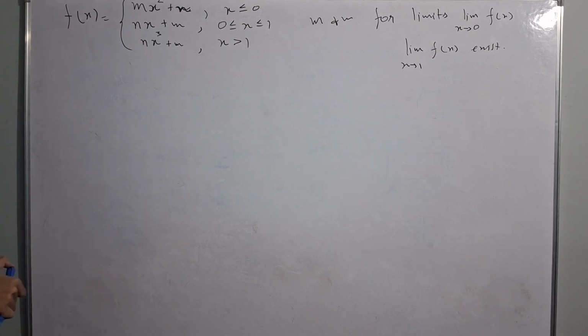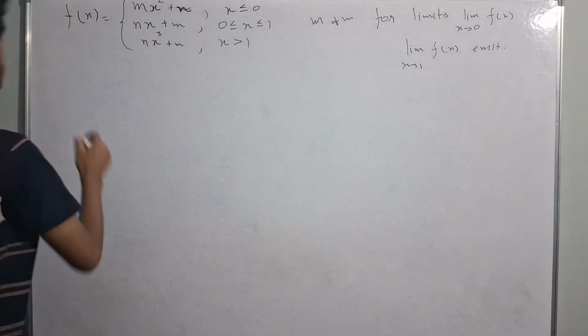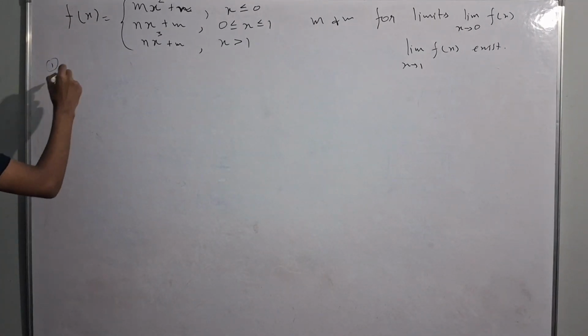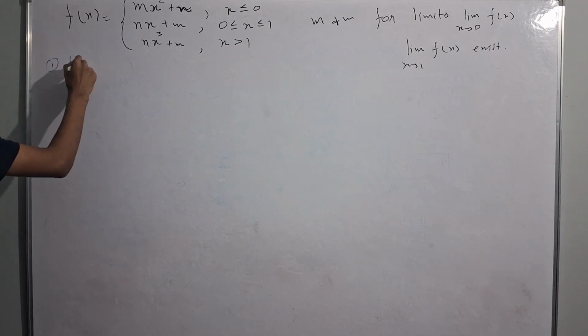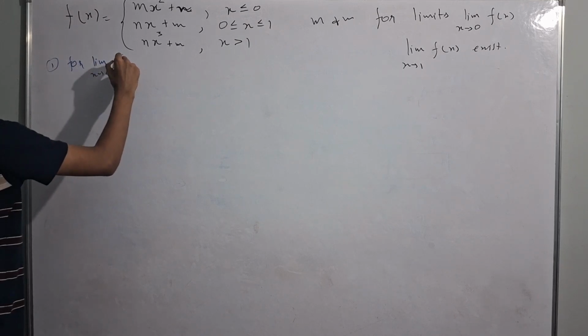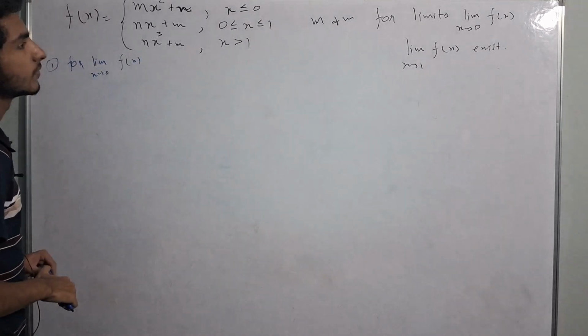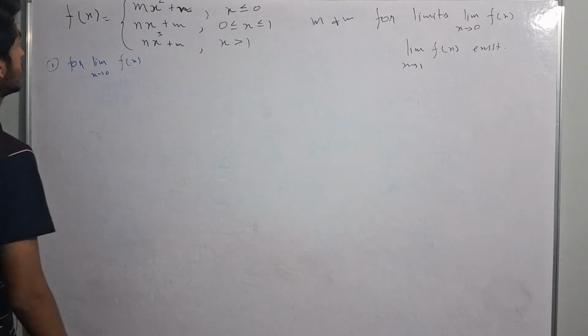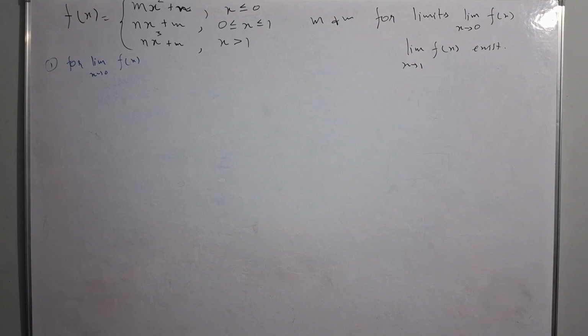Alright, so in case 1, you can just directly put the value of negative h and positive h, because if we do not do so, this quotient is going to take a lot of time.